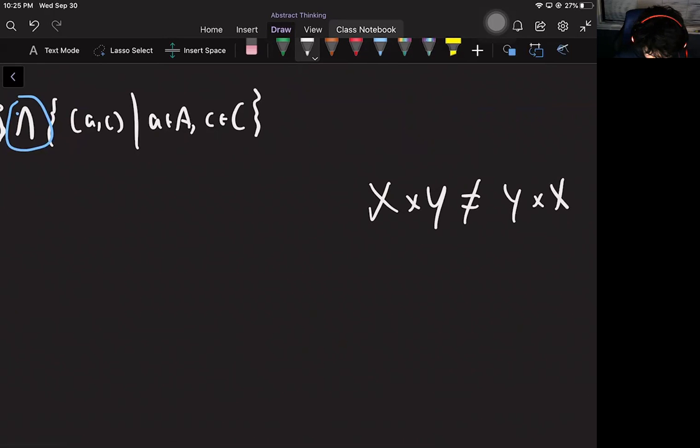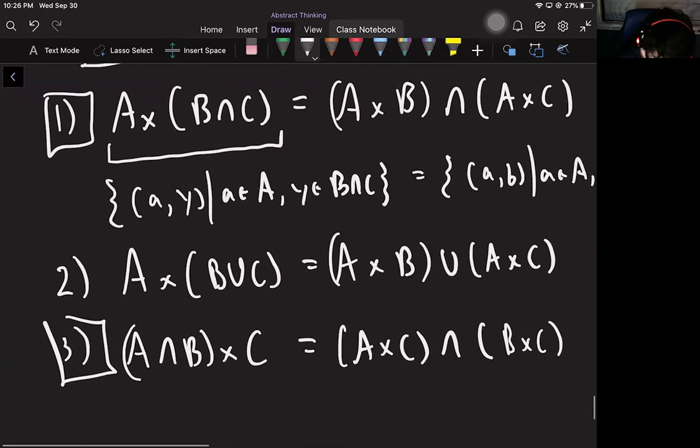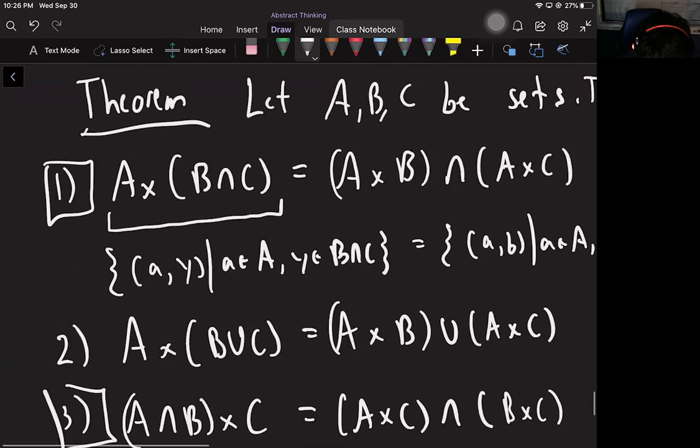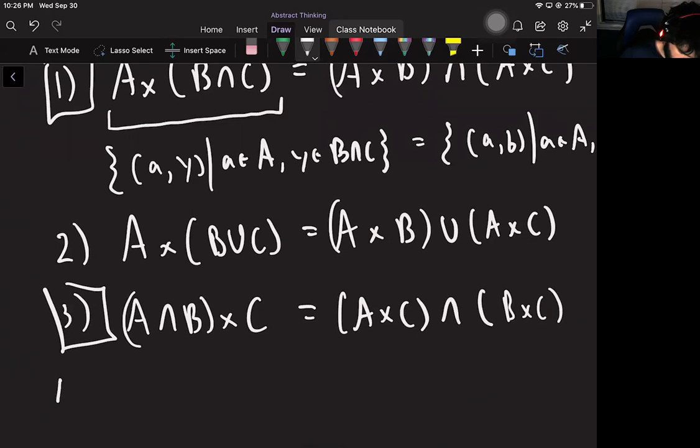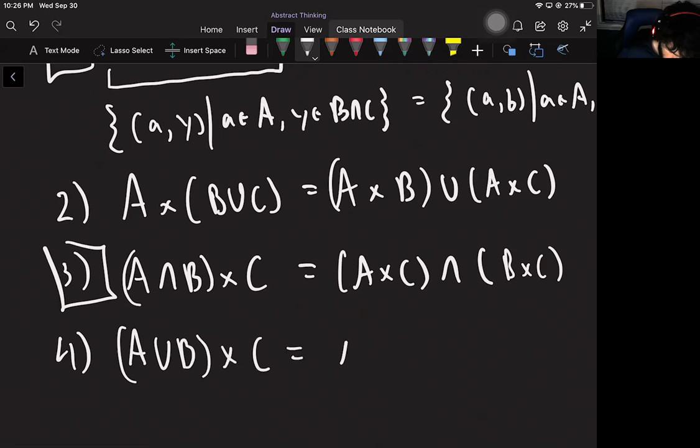So that's why you actually need a separate rule to make sure it works the other way, that it distributes in the other direction, which it does. Okay, 4 is just like 2 except backwards. So I can distribute this way instead.